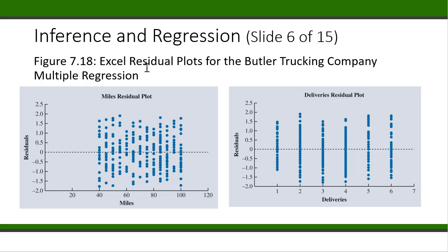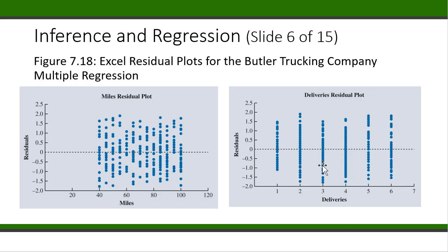When we plot the residuals for the Butler Trucking Company, this is what we see. So the miles residual plot and the deliveries residual plot. For the miles one, it looks like they appear to have a mean of 0 and similar variances around the 0 area. And the same thing can be said for the deliveries.